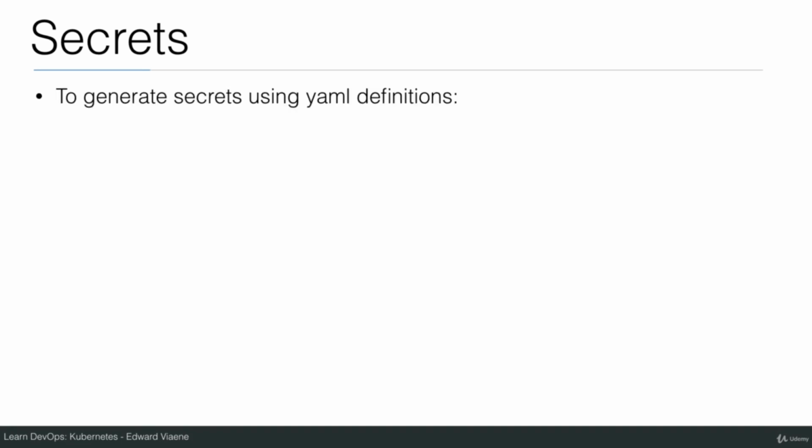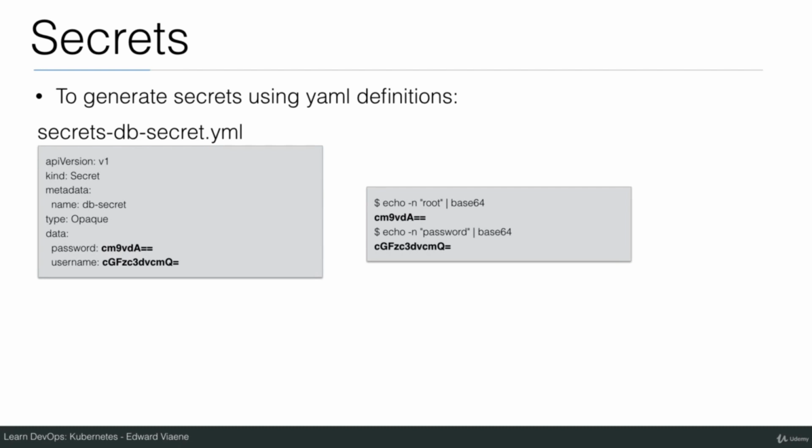If you want to generate secrets using the YAML definitions, previously we always used the YAML files, you're going to create a file secrets.db secret.yaml, and this definition is going to be of kind secret. You're going to give it a name, a type, and then you're going to supply the data. Here you're going to supply base64 strings. On the right, you see how you can generate those base64 strings.